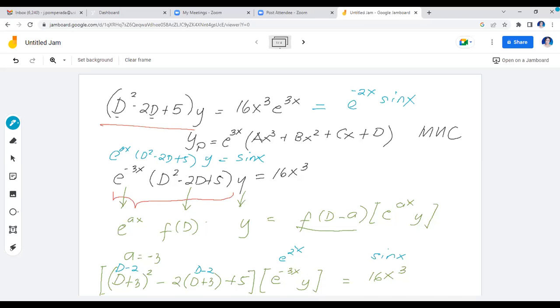So it need not be specified that you use it, but I may suggest, I always do it this way if I know already exponential shift, because if you deal with the original g of x and write its form of the particular solution based on the original, you will have a hard time differentiating.